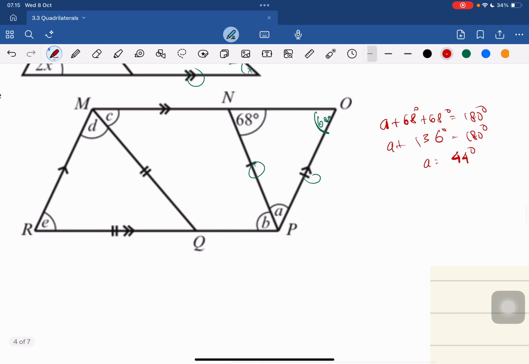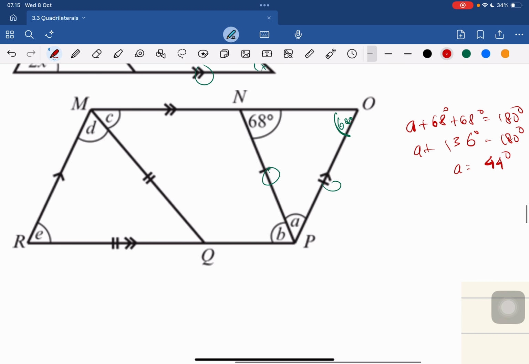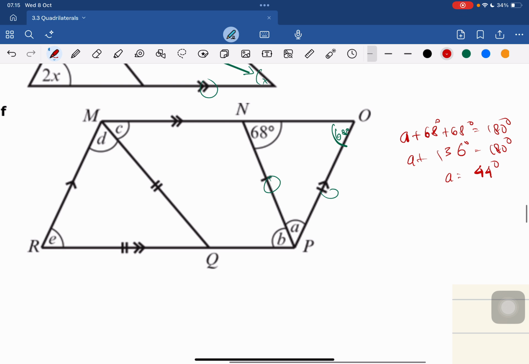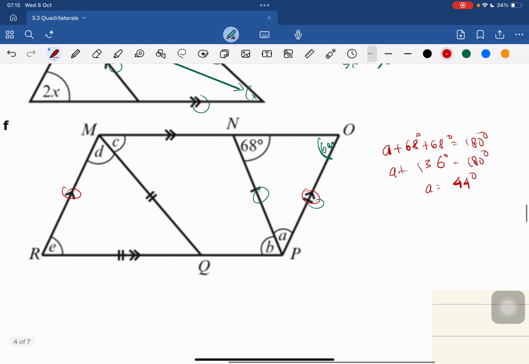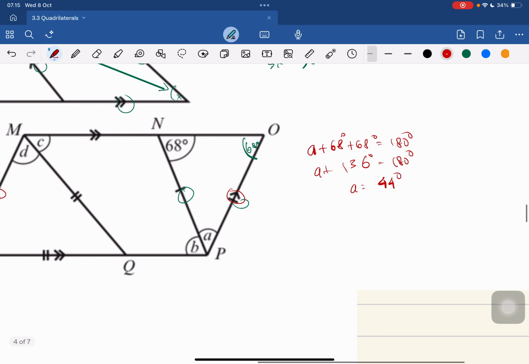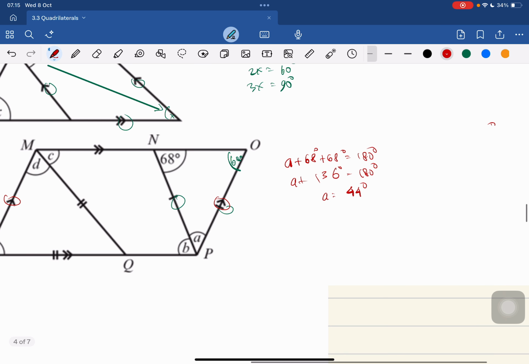Okay, now we got this value, and then let us check it. What else can we see? Okay, this is parallel. So here CD. C plus D plus 68 is equal to 180 degrees.